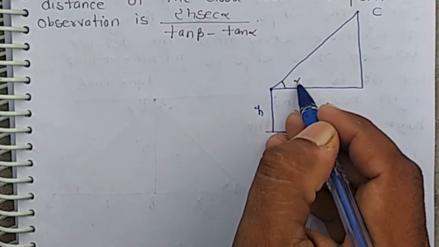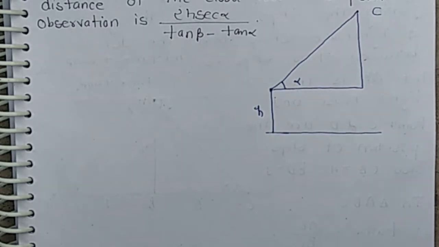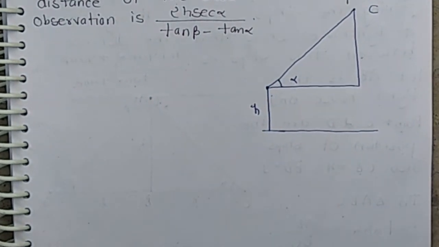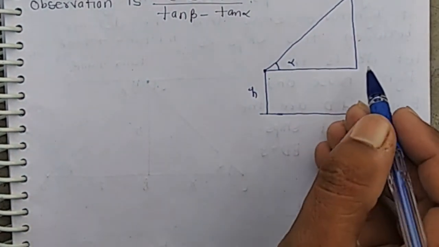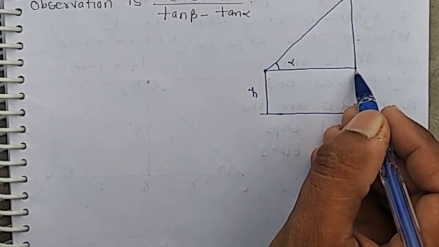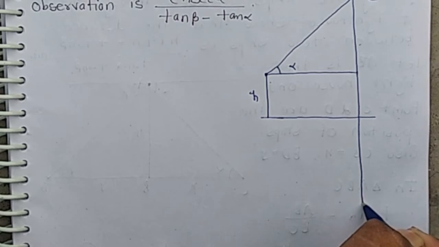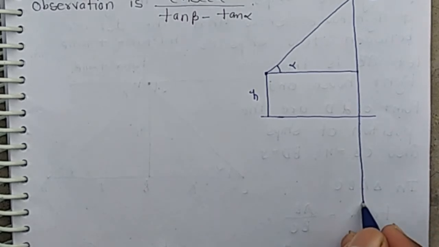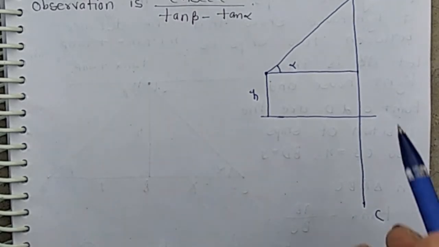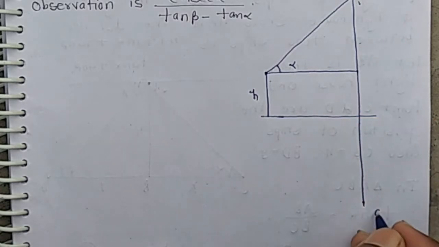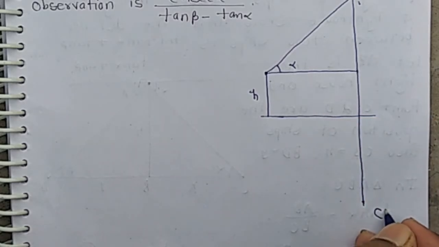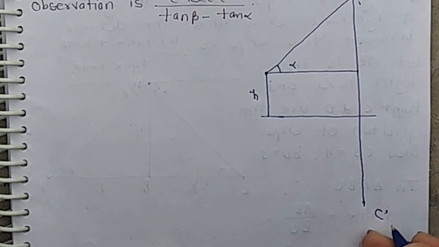It is alpha. And the reflection of the cloud in the lake, let it be C dash.